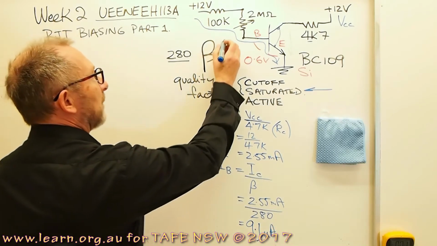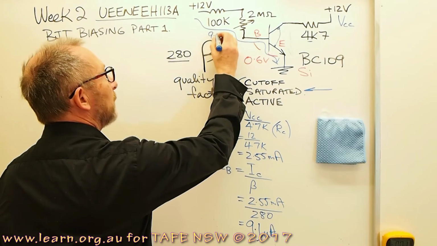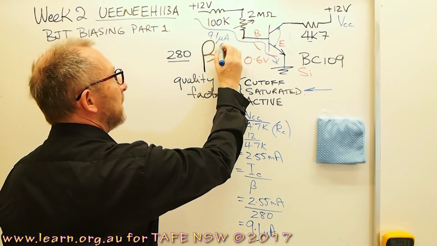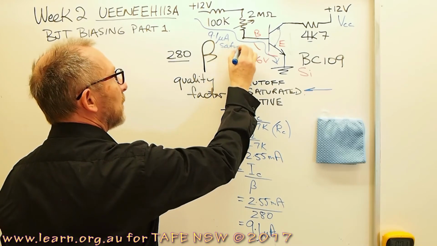And that would be this current running down here, 9.1 microamps, and that would be the saturation current.